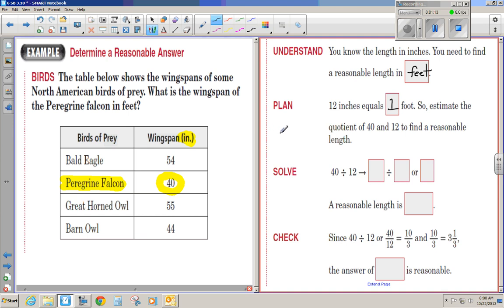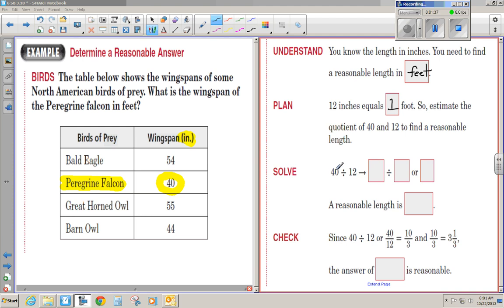So what you've got is you've got to do some estimating. 40 divided by 12. And you can do a lot of different ways here. Estimate the numbers. And we're going to go about doing this with estimations.